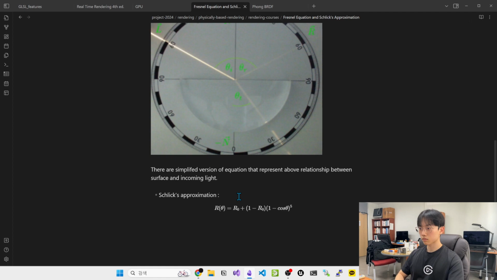This one at least is called Schlick's approximation. We have no idea what this is about. This is not such a complicated thing. What this gives me is the probability of reflection.